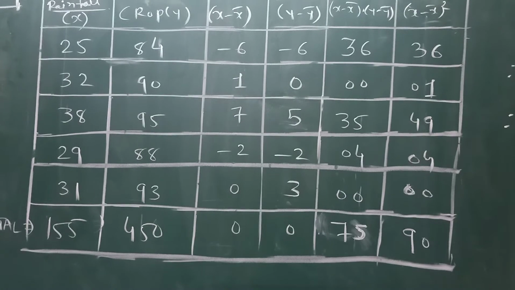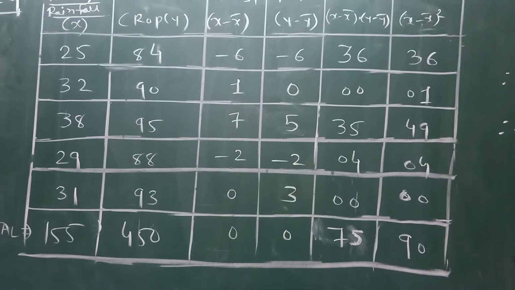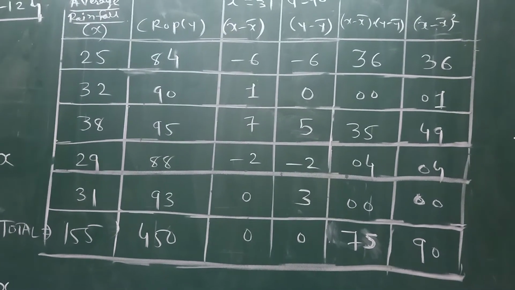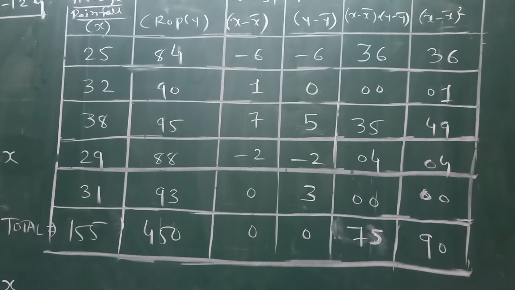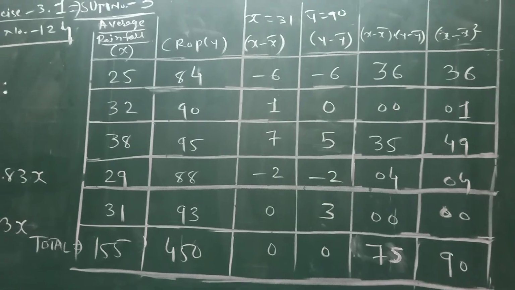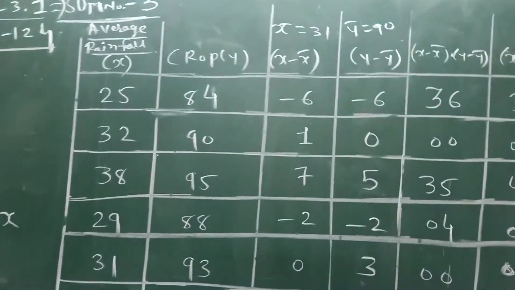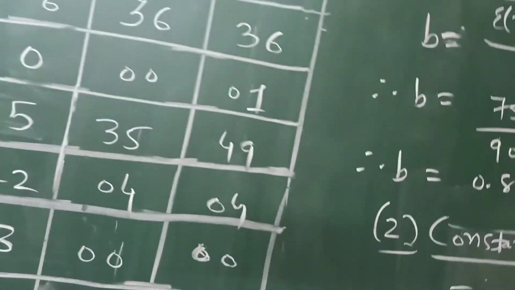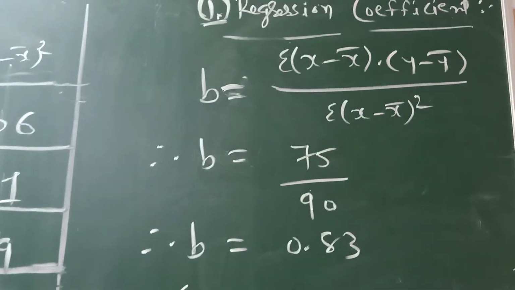In regression, no need to prepare the column of y minus y bar square. In correlation, additional 5 columns. In regression, additional 4 columns. After preparing the columns, we apply the different steps.